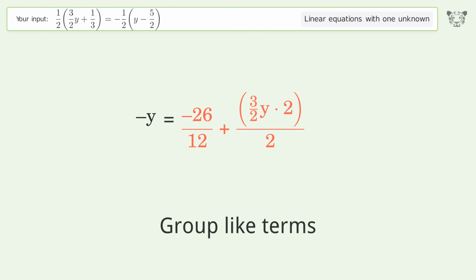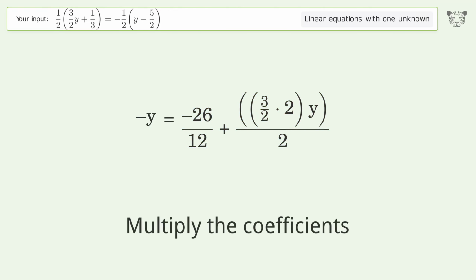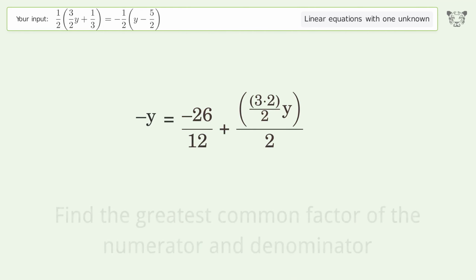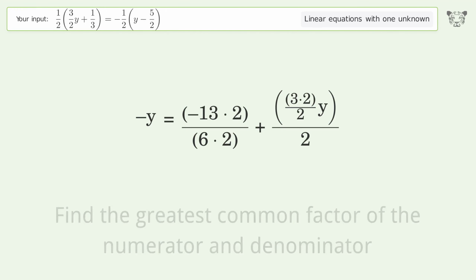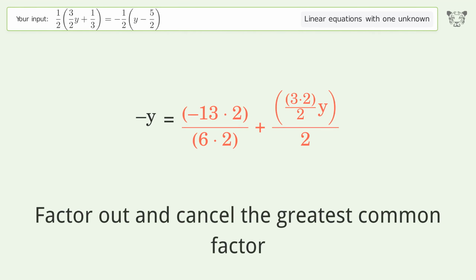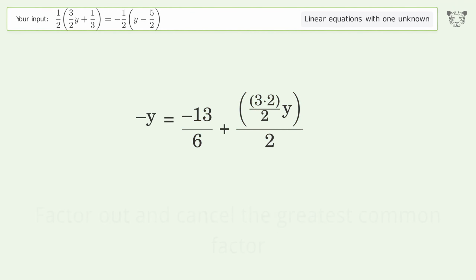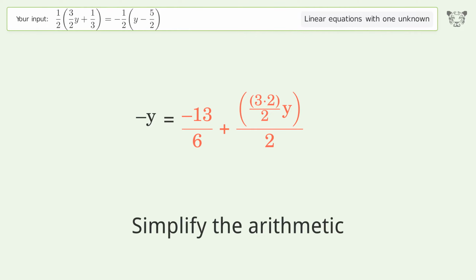Group like terms. Multiply the coefficients. Find the greatest common factor of the numerator and denominator. Factor out and cancel the greatest common factor. Simplify the arithmetic.